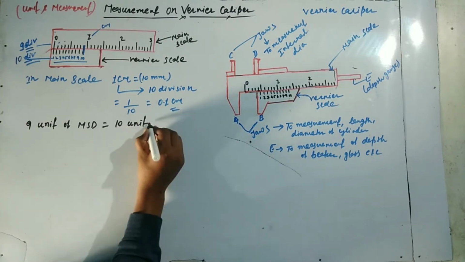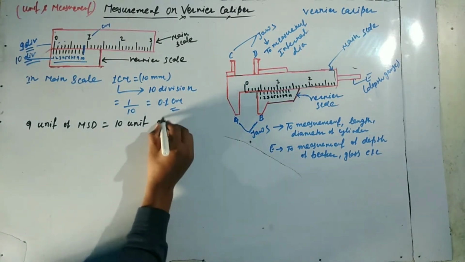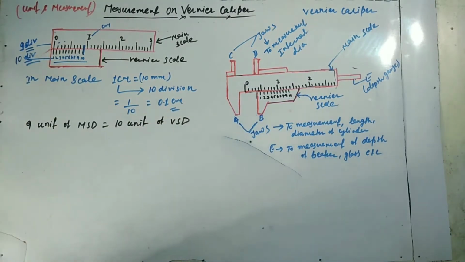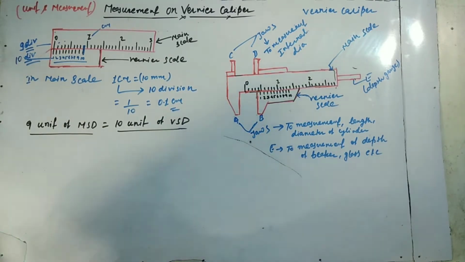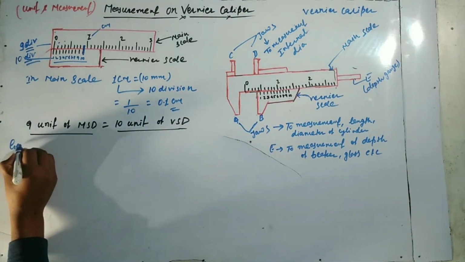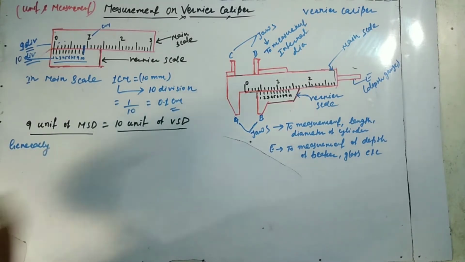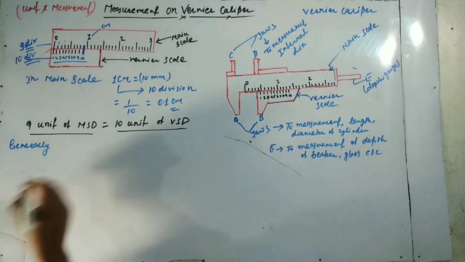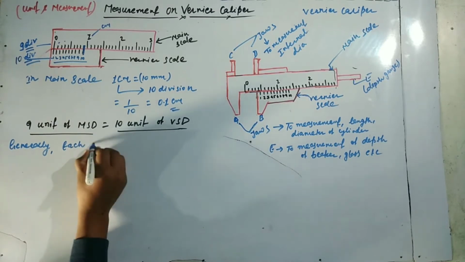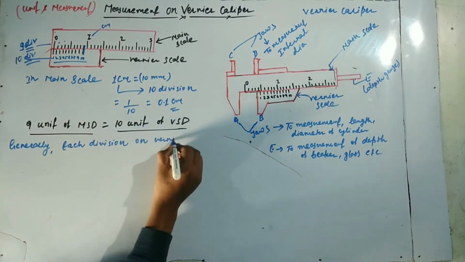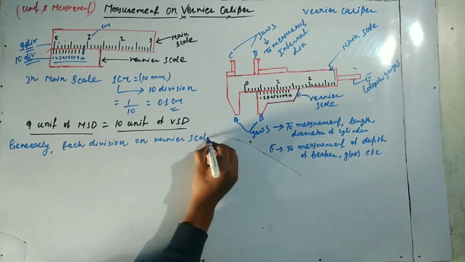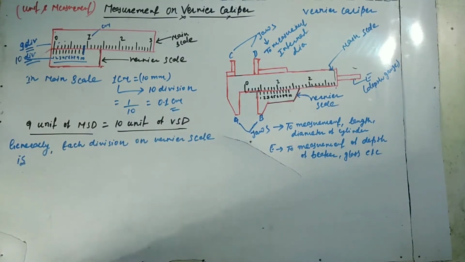We can write 9 units of MSD is equal to 10 units of VSD. Now it is possible because each division on the Vernier scale is smaller than each division on the main scale.